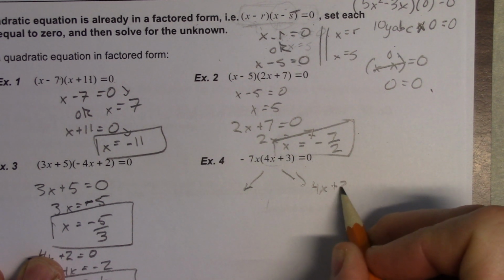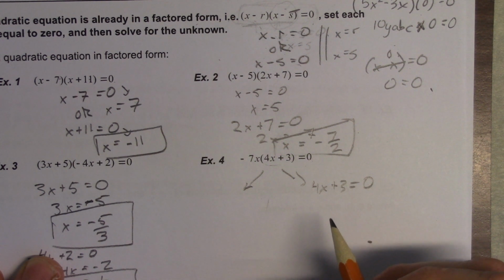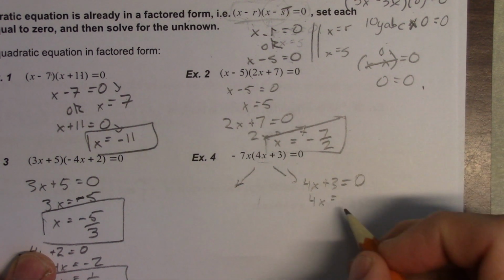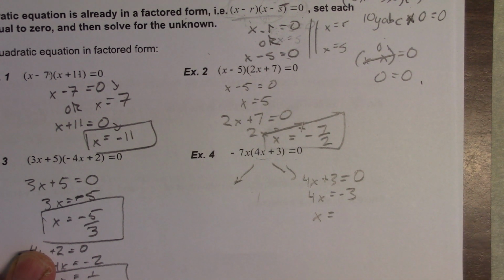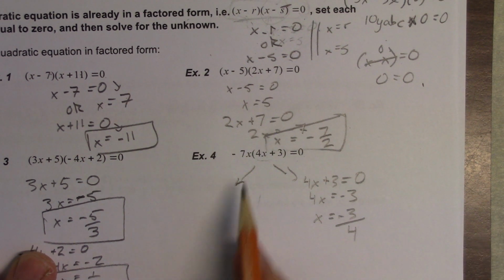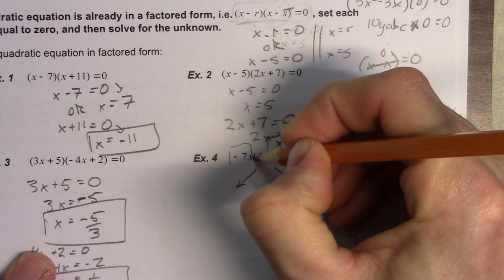Now, how do you solve this? Negative 3, good. Excellent. Now what do you think for this side? It's different. We haven't seen this before, but what would you think? You have to set the negative 7x to what?